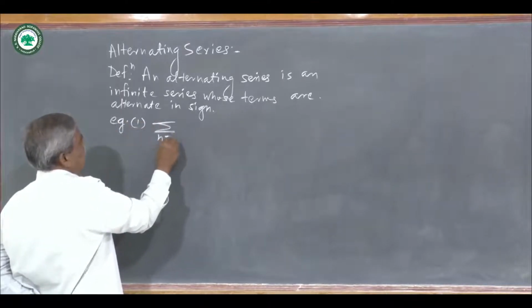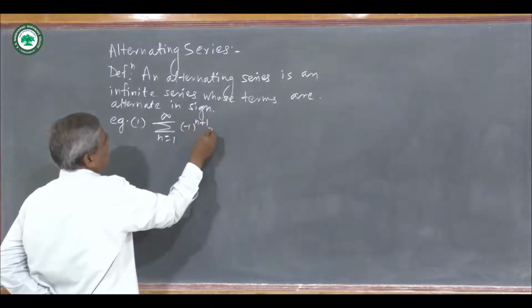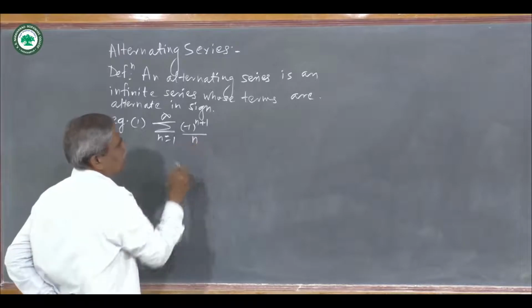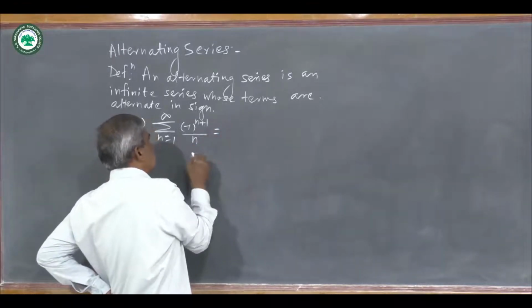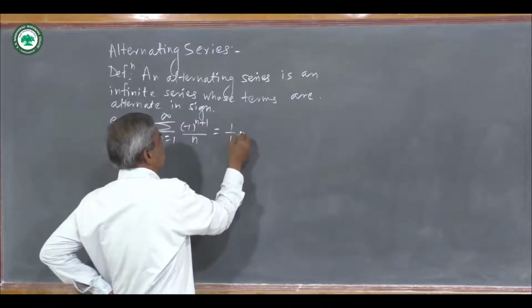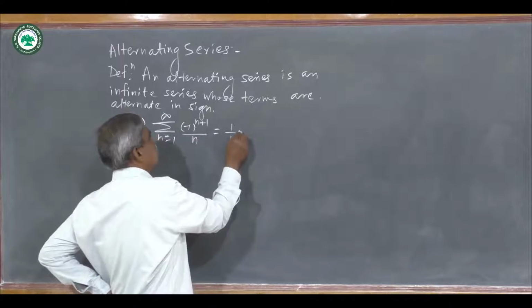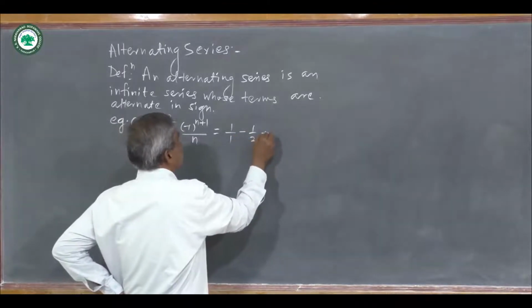summation n equals 1 to infinity of minus 1 raised to n plus 1 upon n. If we put n equals 1, we obtain 1 upon 1. If we put n equals 2, we obtain minus 1 by 2.